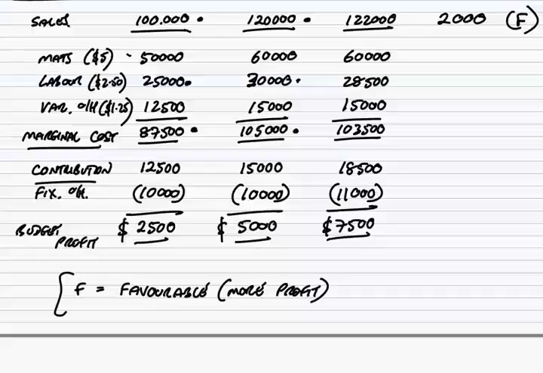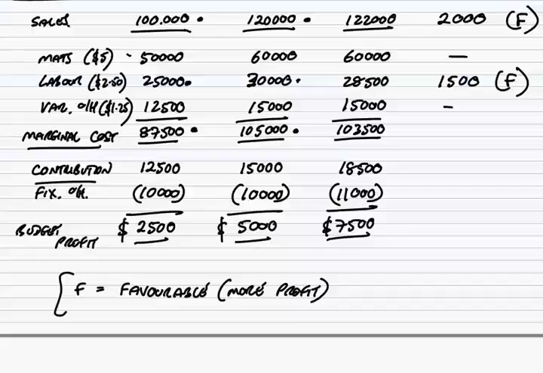So, on sales alone, 2,000 more revenue, that would result in more profit. Materials, there's no variance. We spent what we should have done. Labour, we spent less. We saved 1,500. Well, of course, if we spend less, again, that would result in more profit. We've done well, it's favourable.